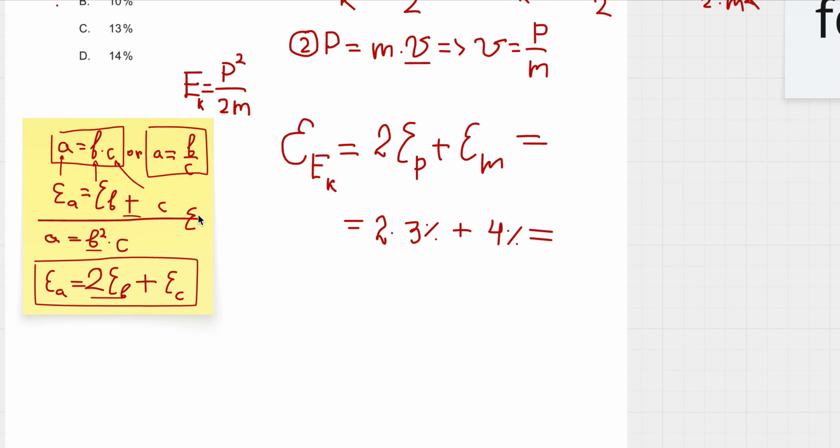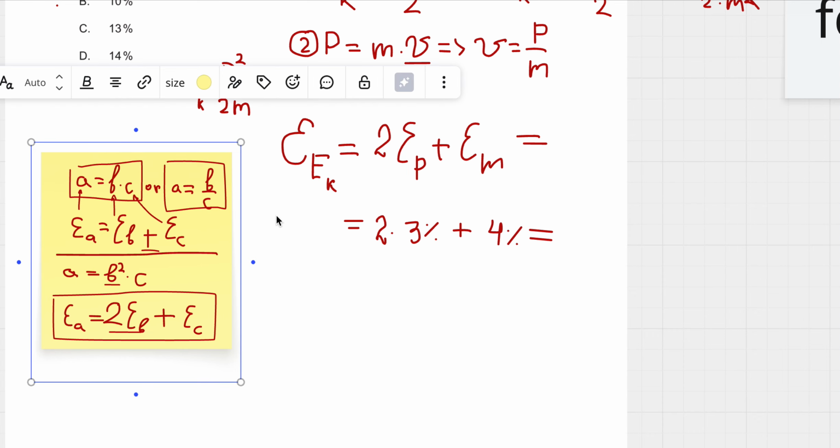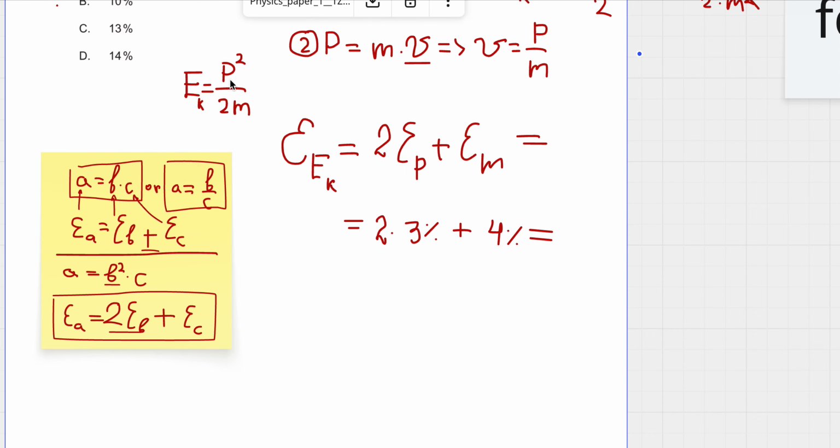Just a moment. So we have Ek equals p squared over 2m, and 2 is a constant. It doesn't have uncertainty, so we don't use it in the formula here. Uncertainty of 2 is 0, so we don't put it here. So uncertainty of kinetic energy will be equal to 2, because it's a power of 2 here, times uncertainty of p plus uncertainty of m.